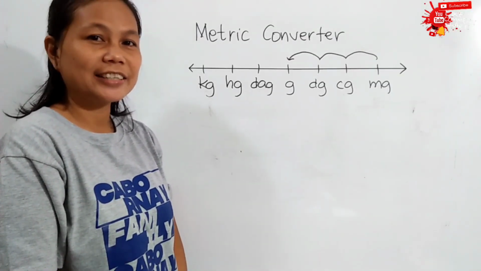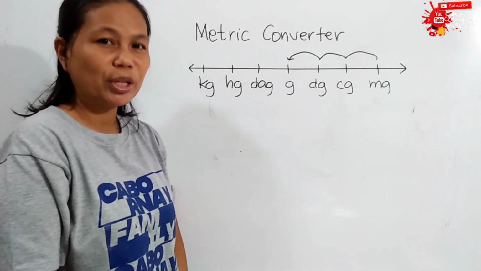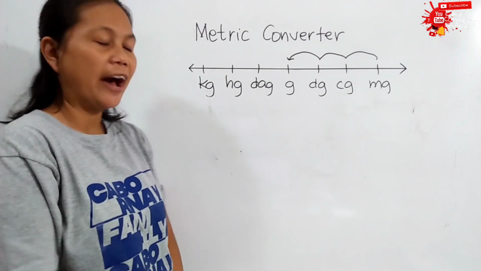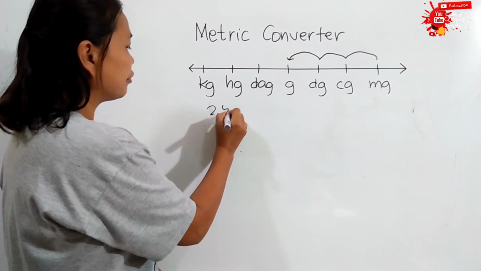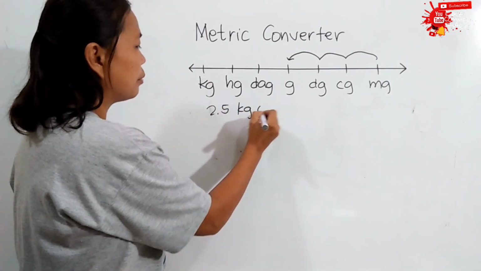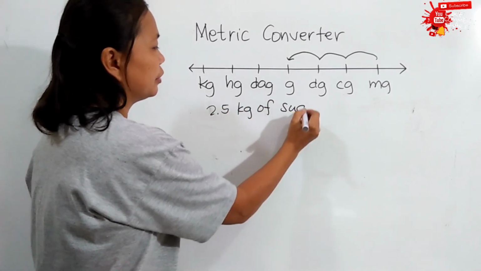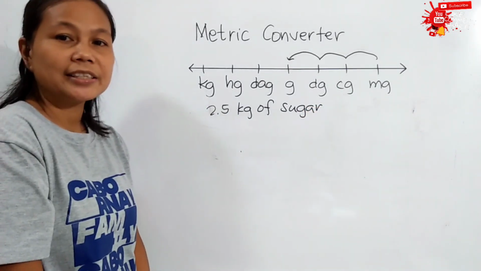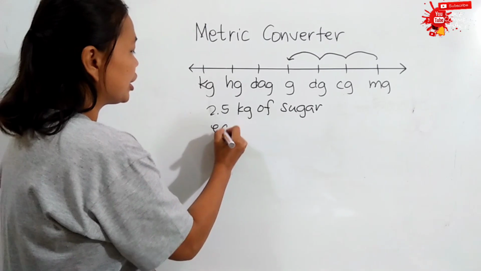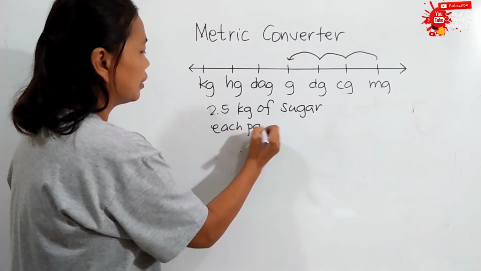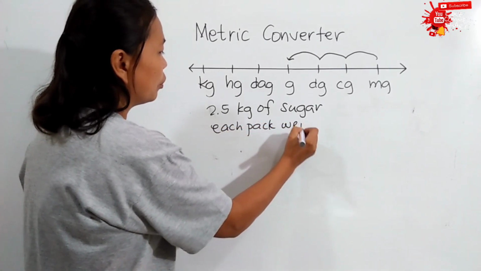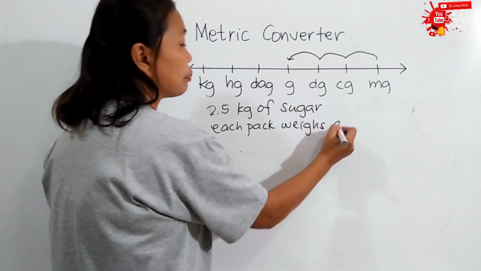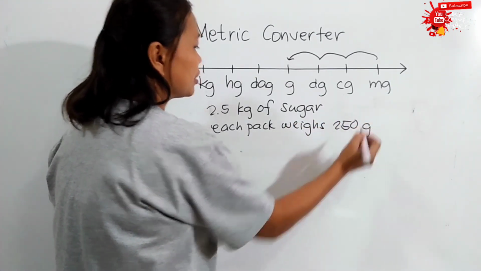Okay, let us discuss the solution for problem number 3. So based on the given, we have here 2.5 kilograms of sugar. And it says in the problem that each pack weighs 250 grams.